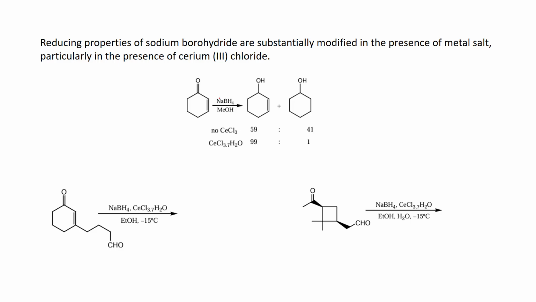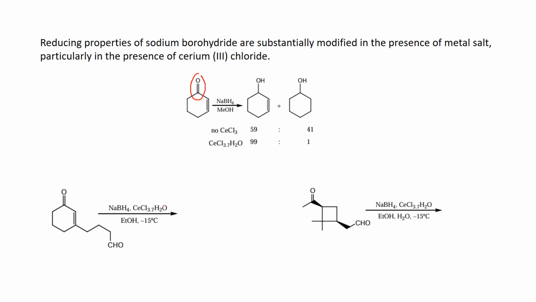As if LiAlH4 is there, then both will be reduced, but as NaBH4 is less selective, in this case we will majorly get this carbonyl reduced product, but the selectivity is not that high. But if we add cerium chloride, what will happen? The selectivity enhances and we get 99% of this product.